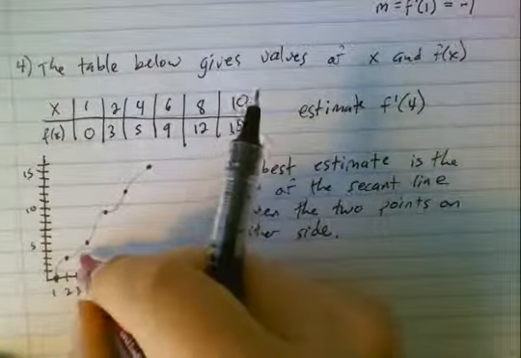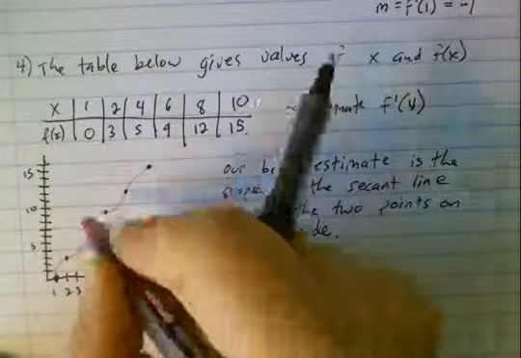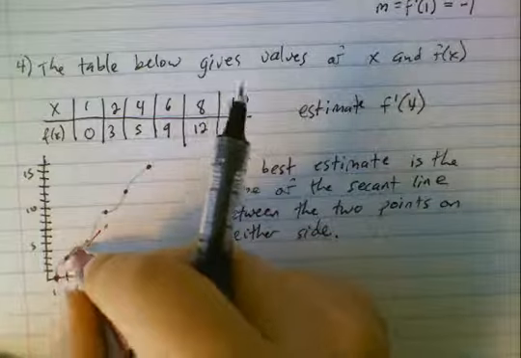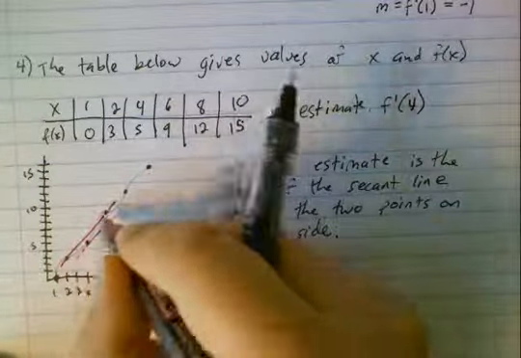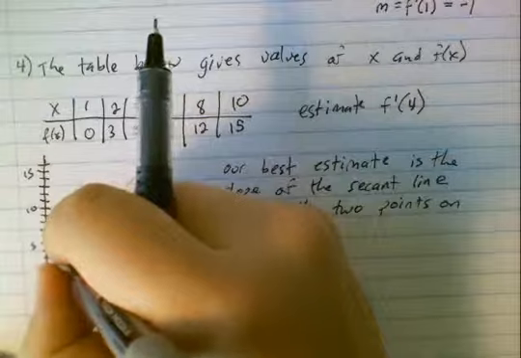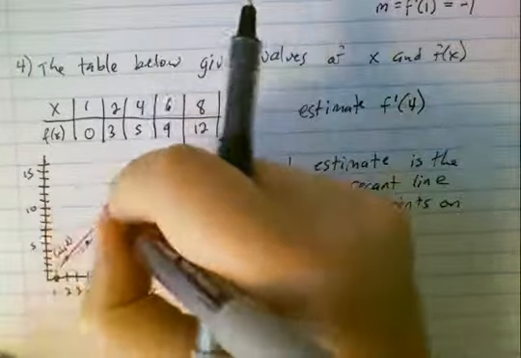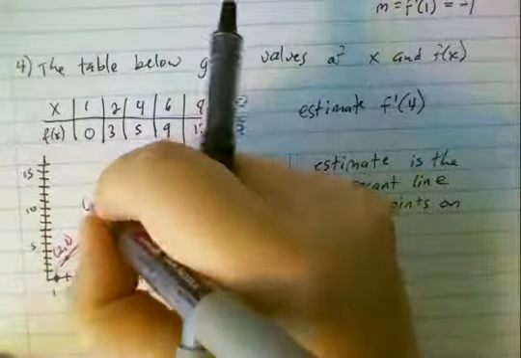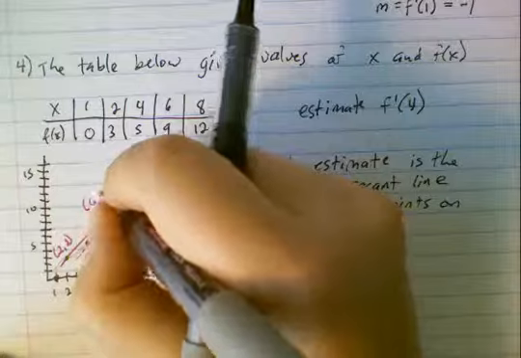So our best estimate is this line right here, going from the point (2, 3) to the point (6, 9).